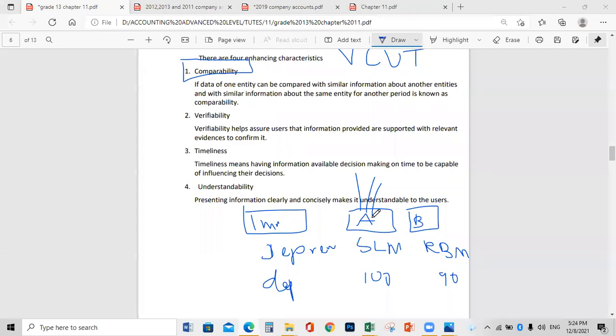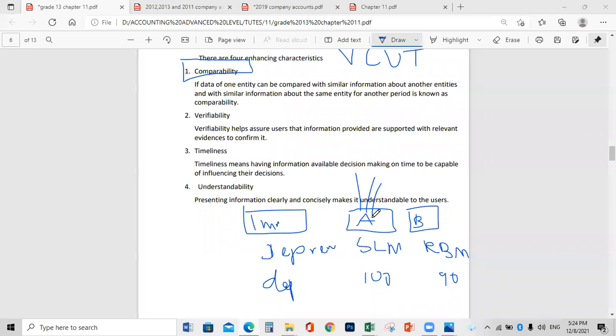Others, all the garment factories, they are doing reducing balance method. They are following reducing balance method when calculating depreciation. But you are also a garment factory, you're following straight line method. What should you do in order to be able to compare?